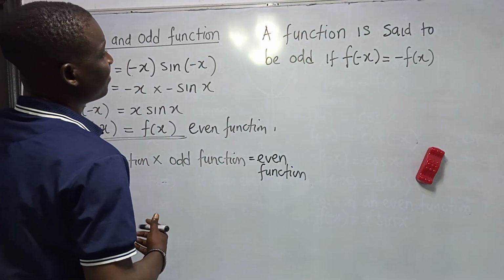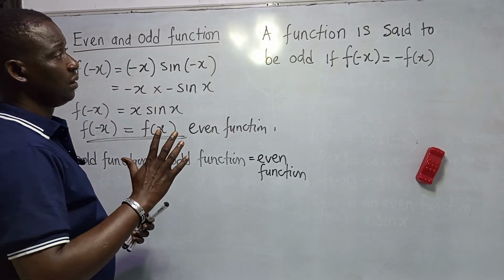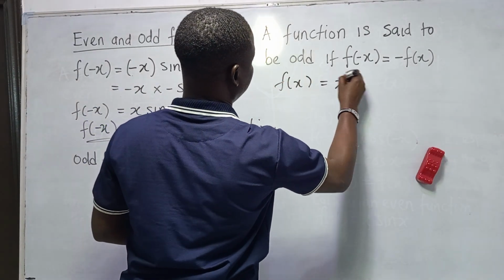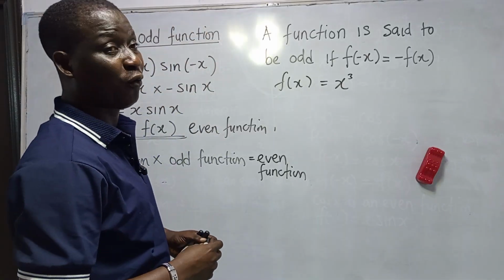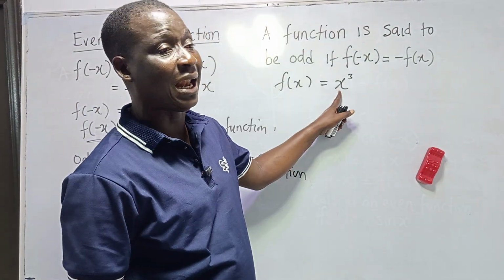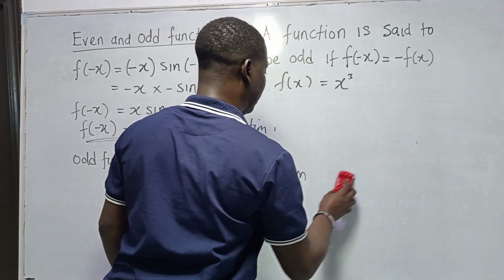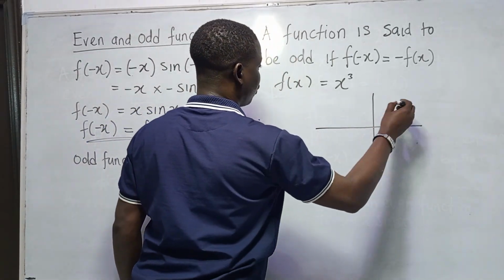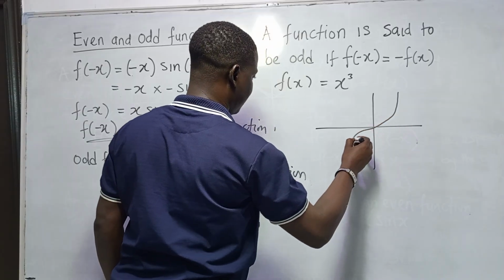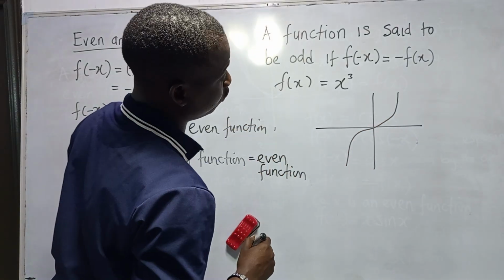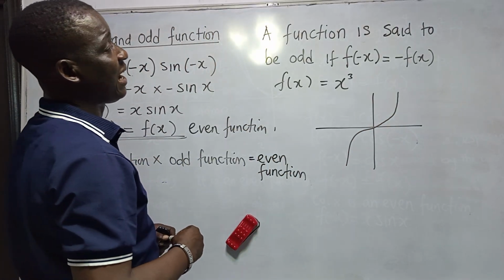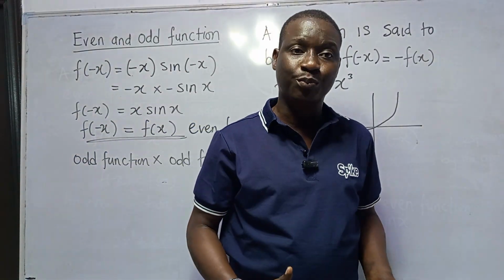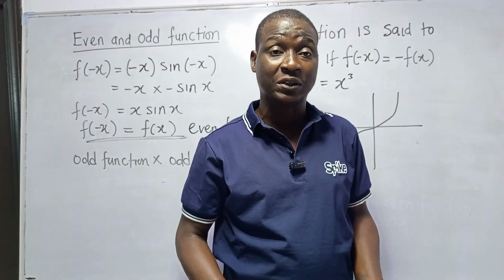Now, let's take an example. Let's say f of x is equal to x cube. Now, don't forget, x cube is symmetrical about the origin. If you plot the graph of y equal to x cube, you will see something like this. This is the kind of graph that we want to have. It means that odd functions are always symmetrical about the origin, but an even function is what?